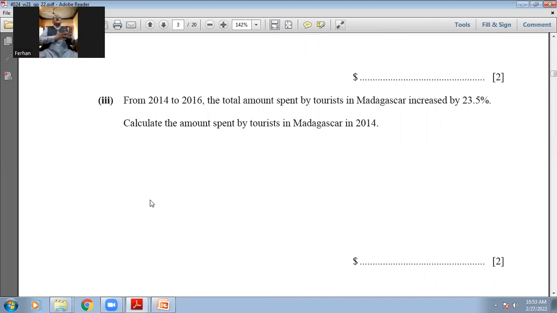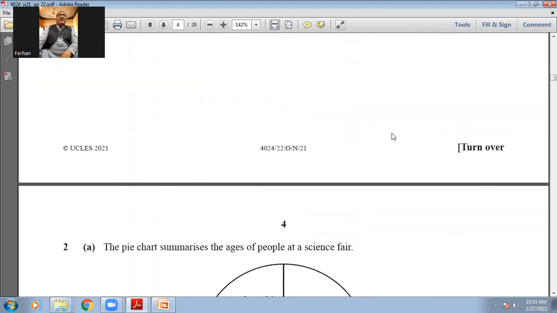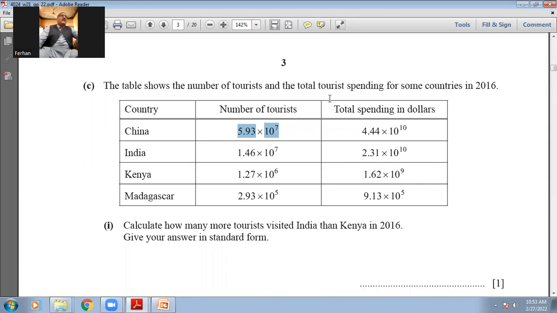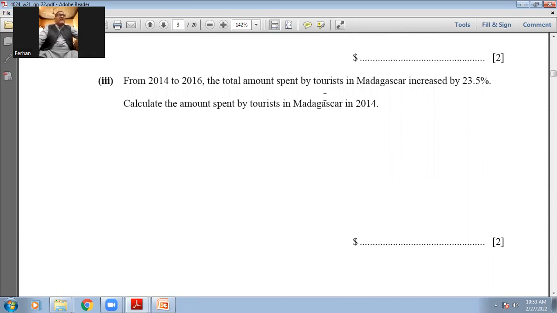So suppose the money spent in 2014 is X, and there is an increase of 23.5% in X, and now the money spent is, we know this already, for Madagascar, 9.13 x 10^5. So X plus 23.5% of X is equal to 9.13 x 10^5. So this is the equation. This is a question on reverse percentage, and we try to find the old value.